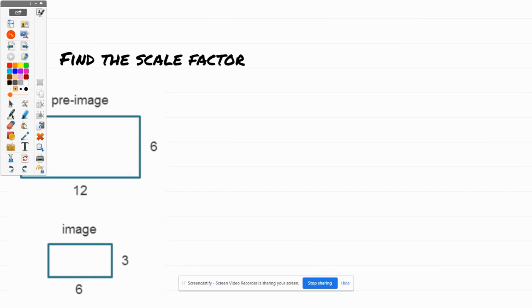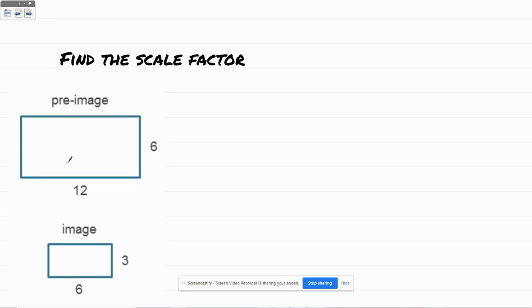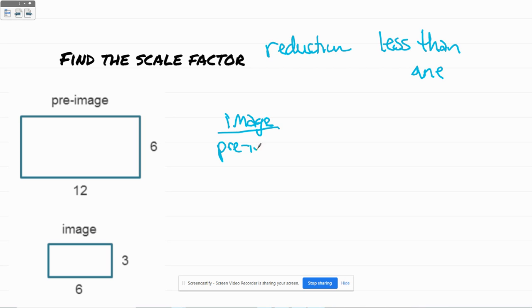So we're going to find the scale factor here. Here's the original and here's the new guy. It is a reduction, so I know it's going to be less than 1. When I'm done, the answer is going to be less than 1. So we're going to put the new guy length over the old guy. So the new guy is a 3.